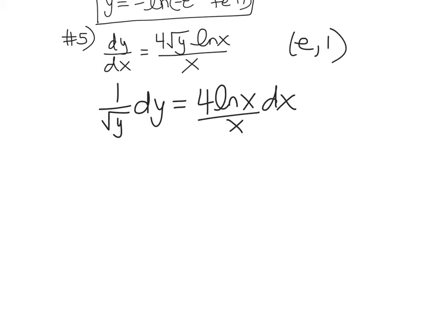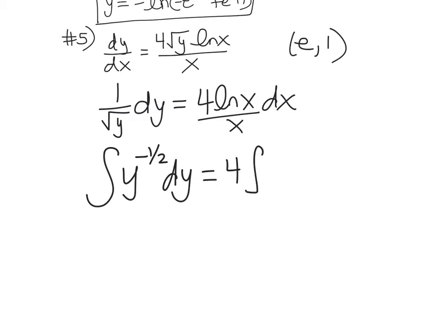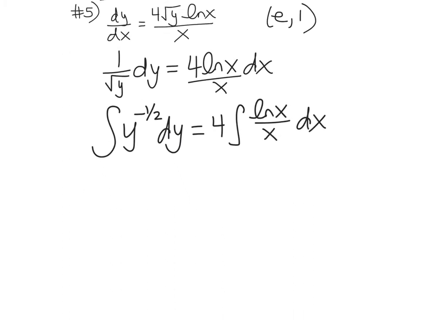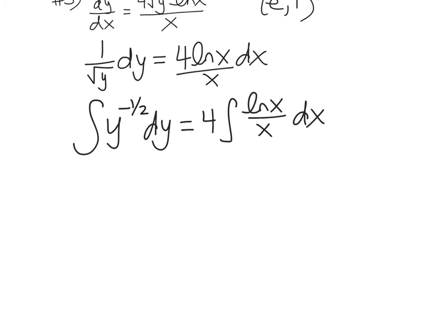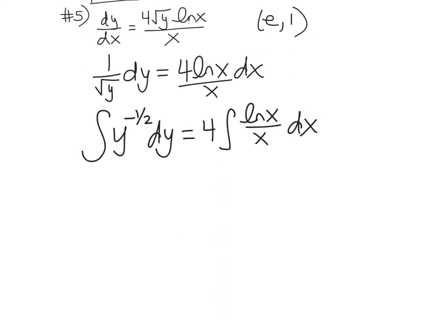All right, so now let's integrate. We're going to take the integral of y to the negative 1/2 dy. And then over here, you can pull the 4 out to the front. The integral of the natural log of x over x dx. Now we're going to need to do U-substitution again.